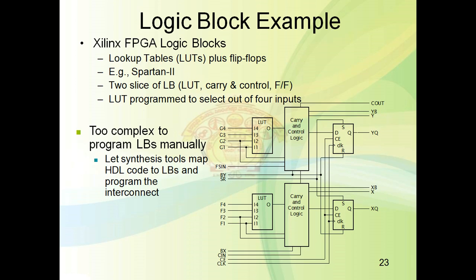You can see C1, C2, C3, C4 are connected to I1, I2, I3, I4. They are programmed to select one of the inputs to implement a Boolean function. The carry and control circuit combines lookup table outputs.